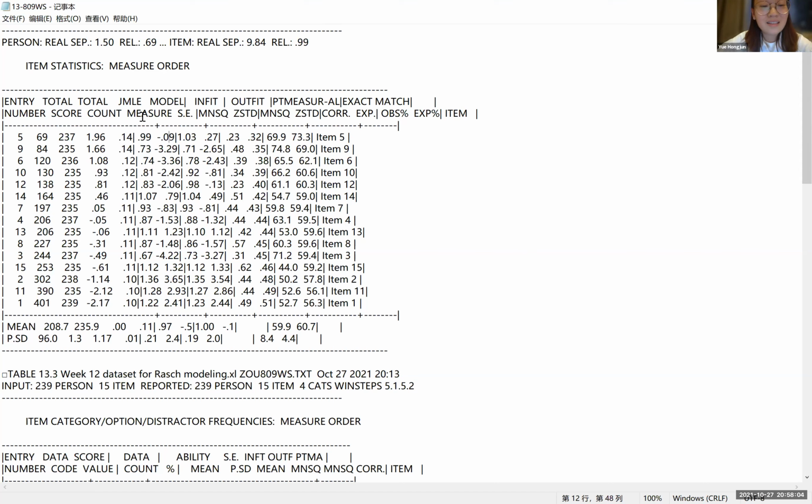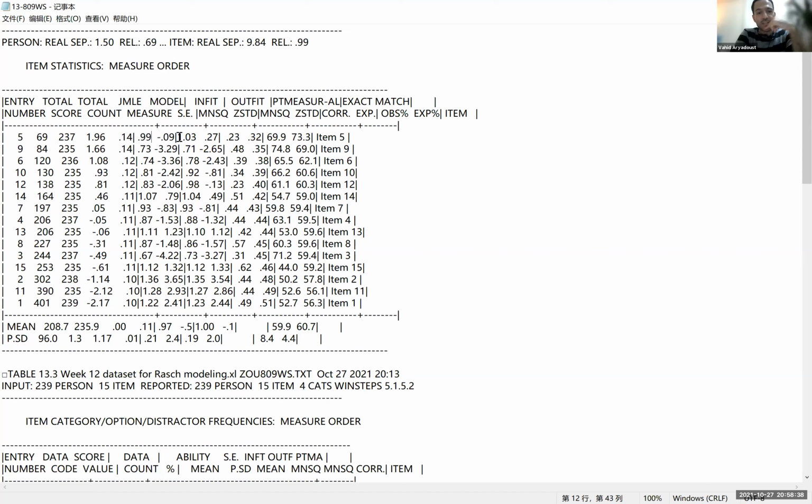And we also need to say whether each item represents the accurate difficulty of the test item. We needed to check whether it falls between 0.5 and 1.5, and we can say that all of these 15 items accurately represent the difficulty. Good.